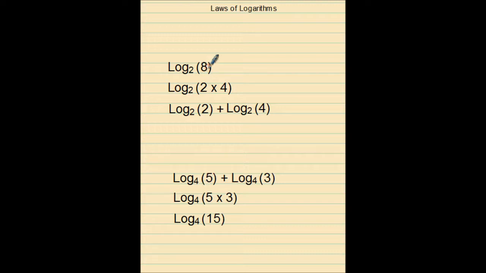But always be aware that if you're given just a straightforward log, it may suit me to write it as a product of two numbers and write it out in what you might think is a more complicated way. I've started off with just this one log and I've ended up with two logs, but there are situations where this is useful.